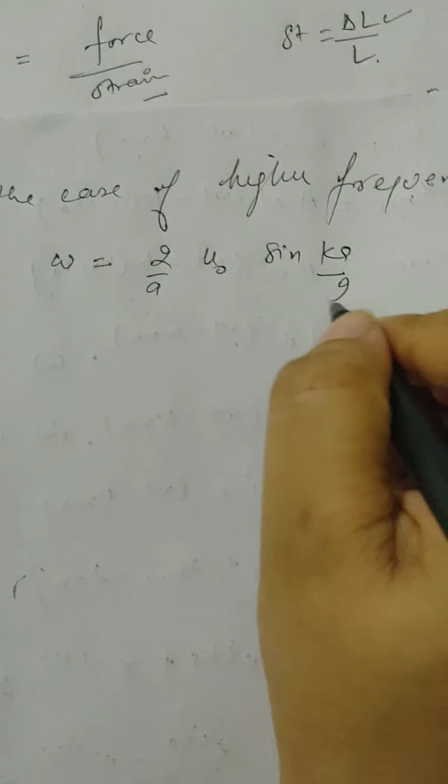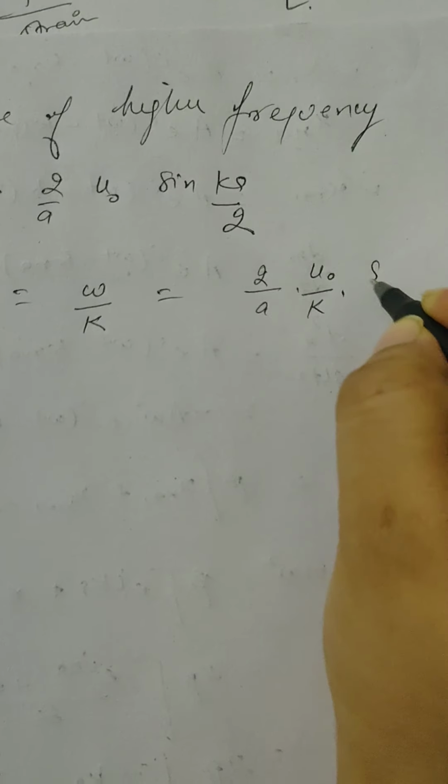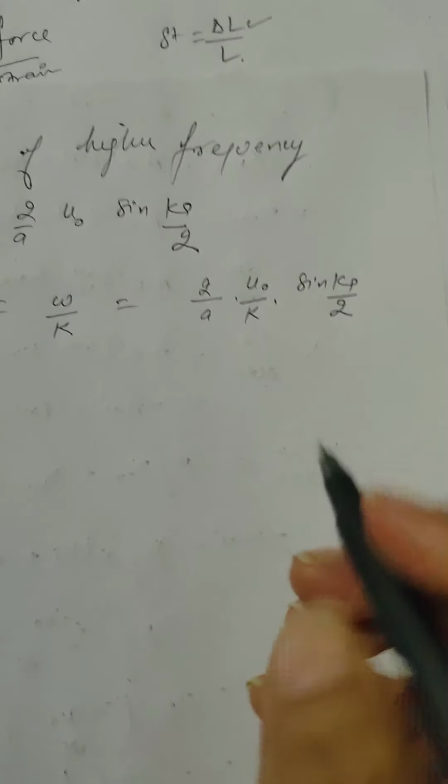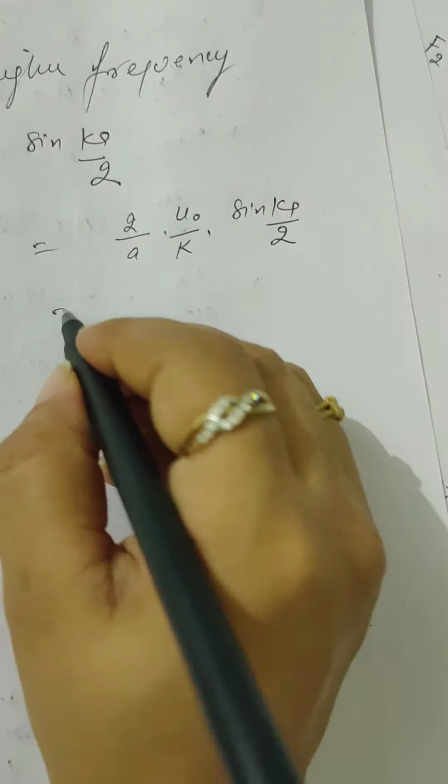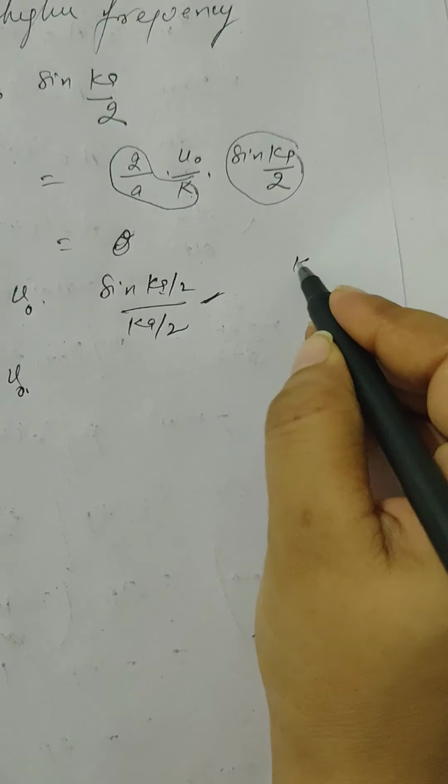Also, phase velocity was equal to omega by k, so it will be 2 by a v naught divided by k, sine ka by 2. So you can write vp is equal to v naught sine ka by 2 divided by ka by 2, and vp is equal to v naught when k tends to 0.